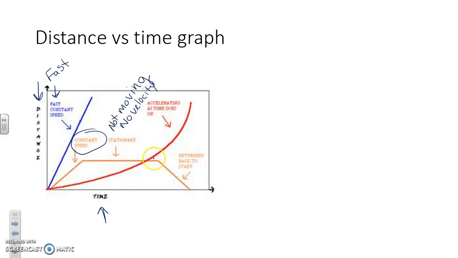If it's a curved line, it's accelerating as time goes by, so it's speeding up. And if it's a negative slope, it means it's going backwards or returning to its original position.